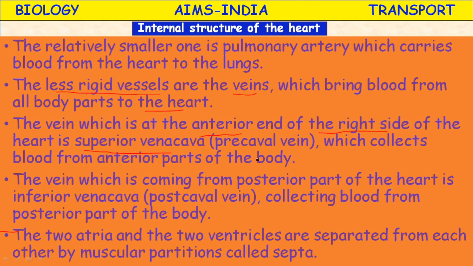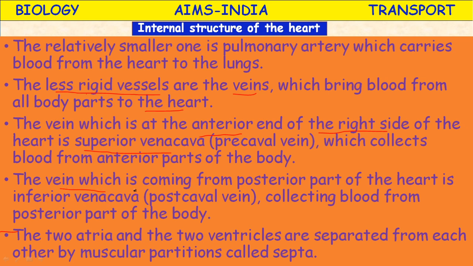Superior vena cava is also called the precaval vein, which collects deoxygenated blood from all parts of the body which are above, from the hands, from the head, that is called the anterior parts of the body. So the vein which collects the deoxygenated blood from anterior parts of the body and opens into the right auricle is called the precaval vein or superior vena cava.